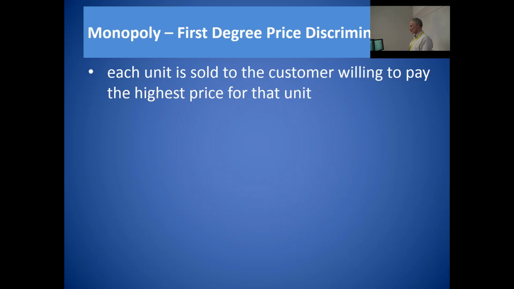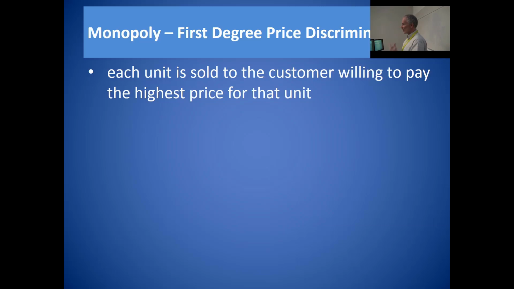Perfect price discrimination. So the definition that I gave you first of all, what perfect price discrimination means is that it's an extreme form of price discrimination, which is why of the three types, I'm only going to go through this one particular type with you as the ultimate scenario of price discrimination and what the monopolist is able to do.